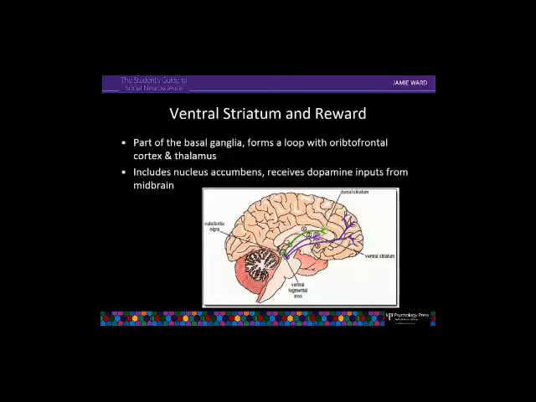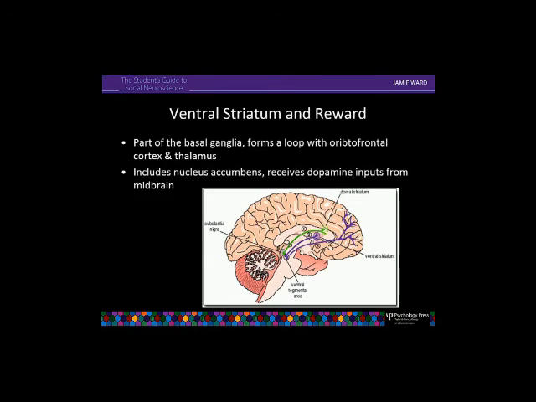You've got rich dopaminergic inputs coming from the midbrain into the ventral striatum, projecting into the orbitofrontal cortex. So it's often seen as an earlier signal up to the orbitofrontal cortex, as is the amygdala.